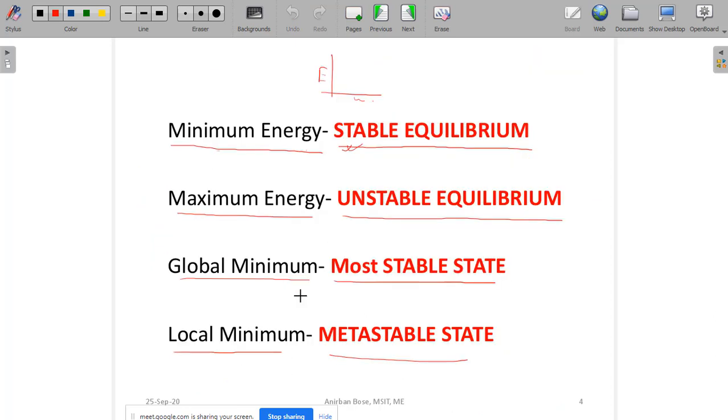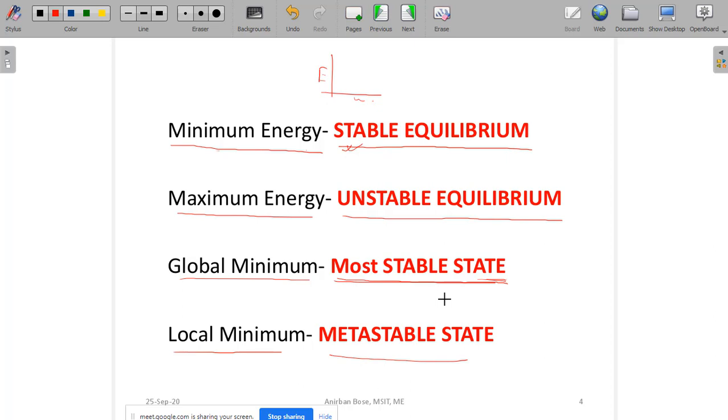Okay, so these are very important. And remember that in most cases in practice, the materials at the most stable state are not used as engineering materials. Like in the case of iron, the most stable state of iron is basically its oxides, and the most stable state of aluminium is its oxides.